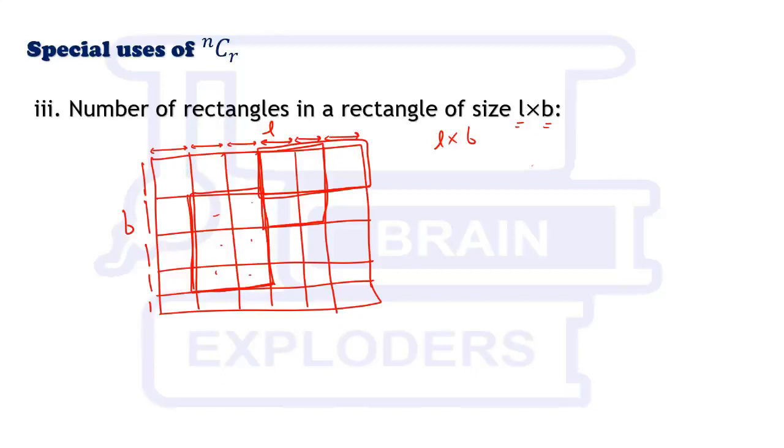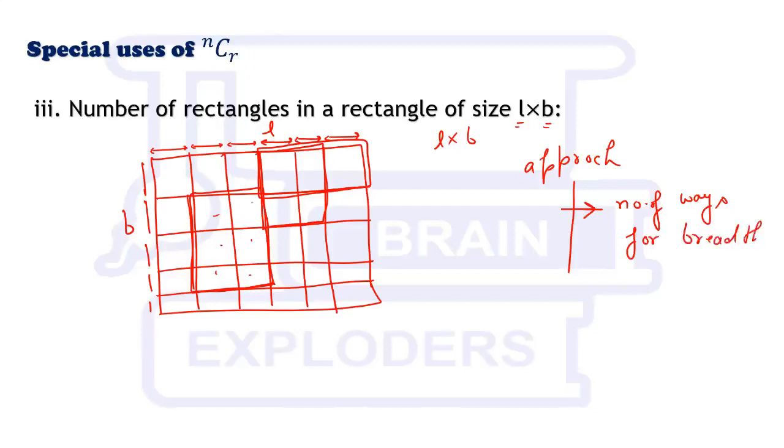So what approach do we apply? What approach can be applied for this question? We will find the number of ways for base, or more precisely for breadth, and the number of ways for length.